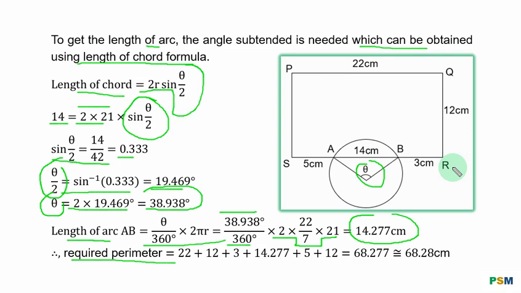When you add together, you have 68.277, approximately equal to 68.28 centimeters.